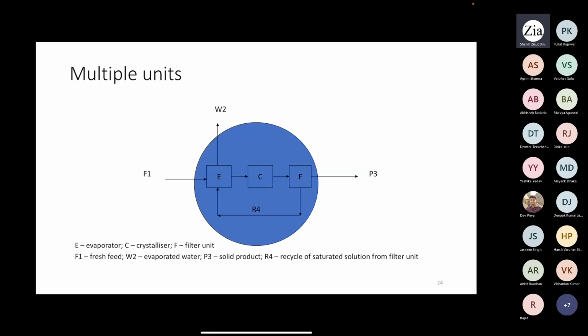Can you see the bioreactor on the screen? Not yet.